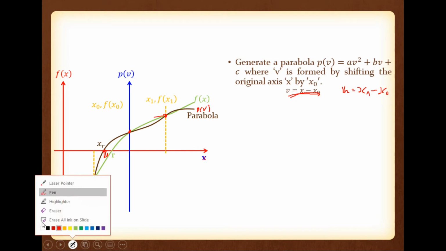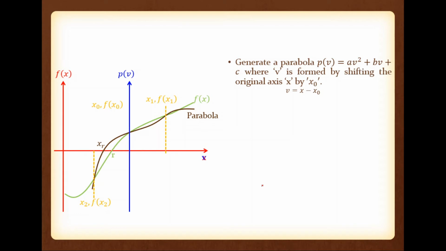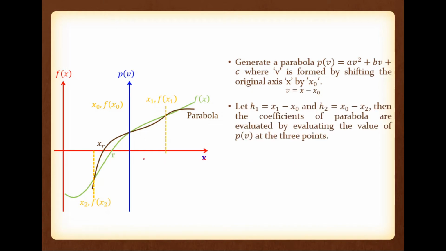Okay. So now, to write the algorithm, we are going to do a few more things. First, let us take the distance between x0 and x1, that is x1 minus x0, and write it as h1. So h1 is equal to x1 minus x0, the largest value minus the mid value.